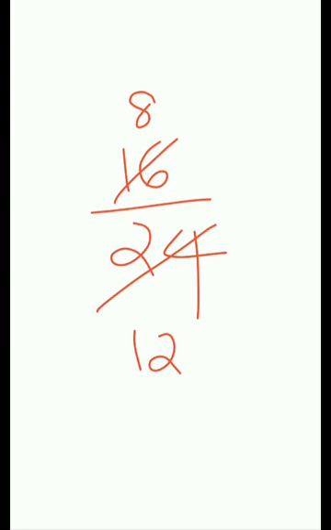Now, is there any common factor for 8 and 12? 8 and 12 both are even numbers, so we can again divide 8 and 12 by 2. 4 times 2 is 8 and 6 times 2 is 12. Now we got the new fraction 4 by 6.